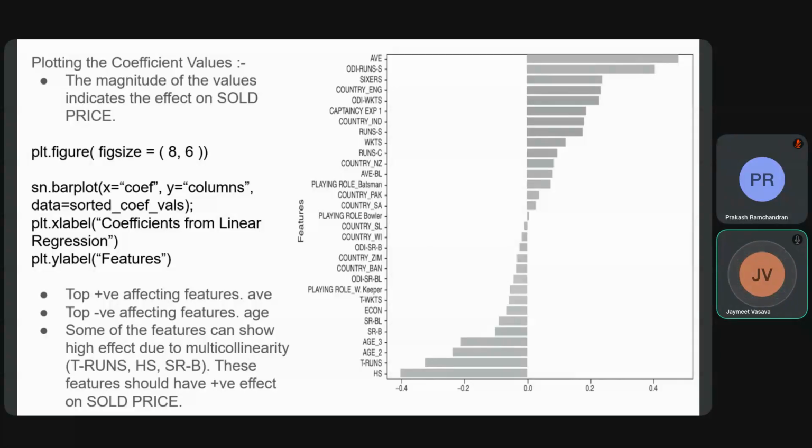When we make the plots for the values, you can see the size of the plot shows the effect it has on the selling price of the player. So you can see the average ODI runs, then Sixers, country England, and ODI wickets. And these are the most effective ones.